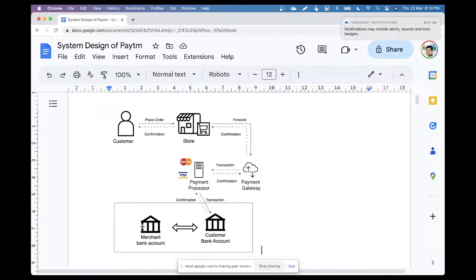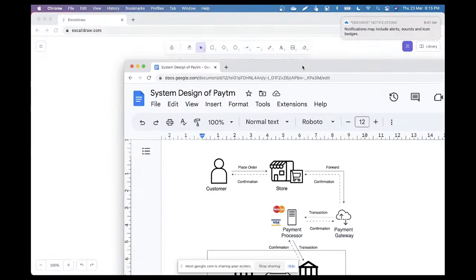This is about the high-level architecture, or actually it's not the architecture, it is how the data flows from one entity to another entity. And as you see, for making any payment there are so many entities involved. This will just give you an idea of what exactly a payment gateway is.